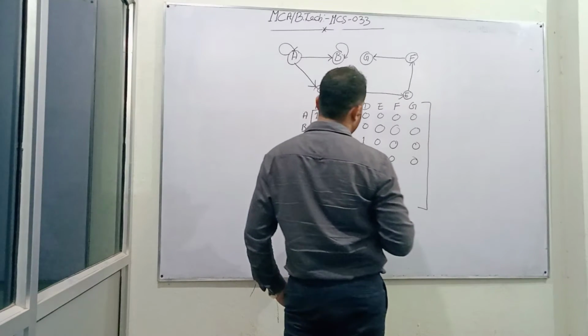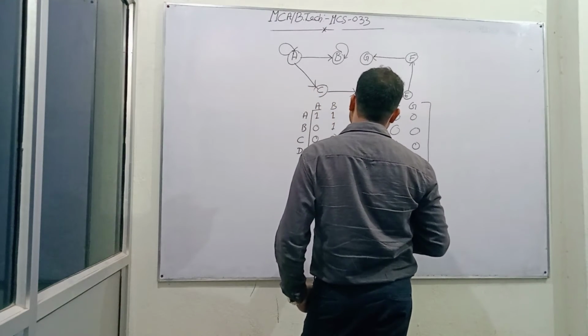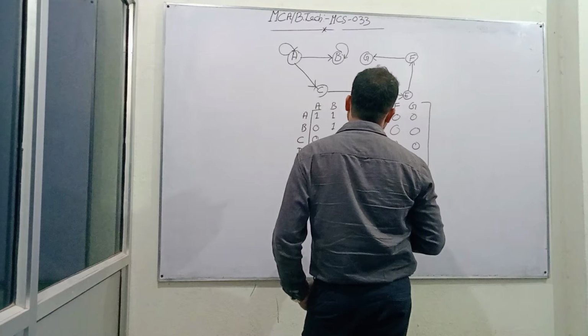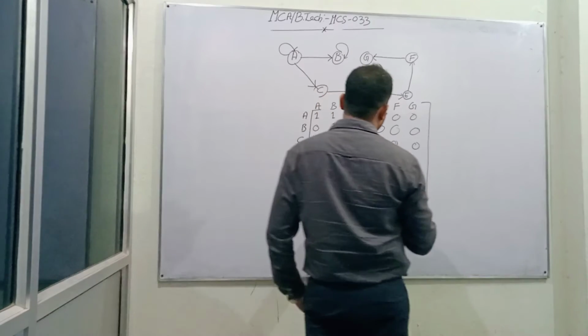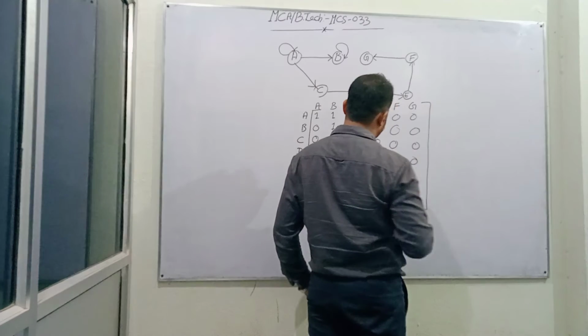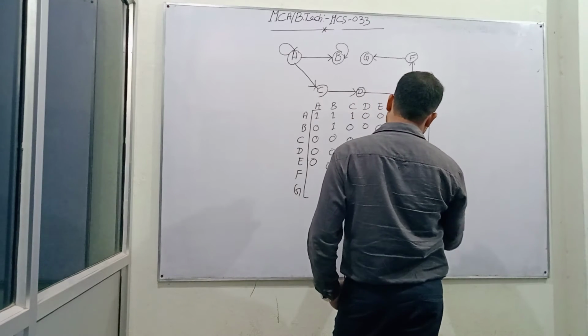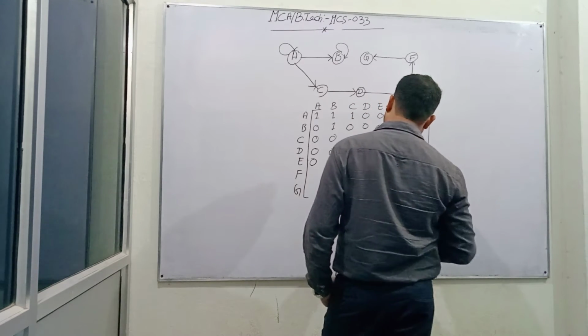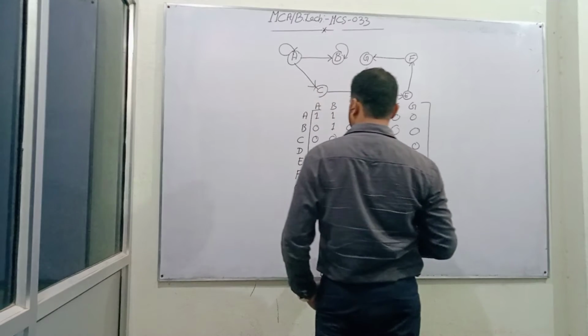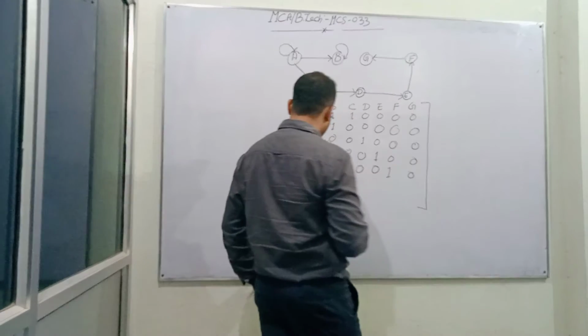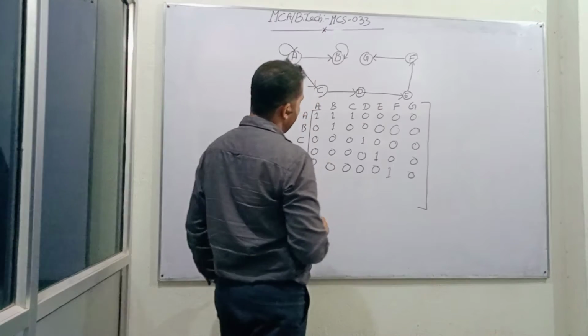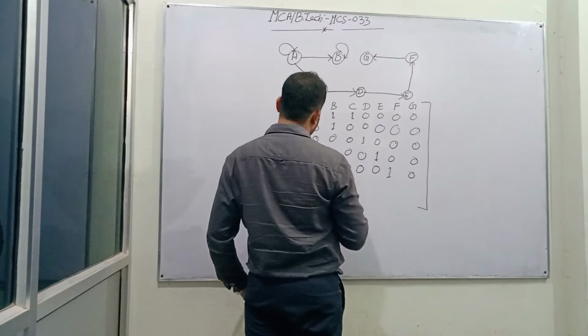Again we will check the next vertex E to D, not visited, so we will write 0. And E to E not visited, so we will write 0. Again we will check the next vertex E to F, that is visited, so here we will denote it by the 1. And next we will check E to G, that is not visited, so we will write 0. Again we will check the next vertex F. F to A, no, we will write 0.